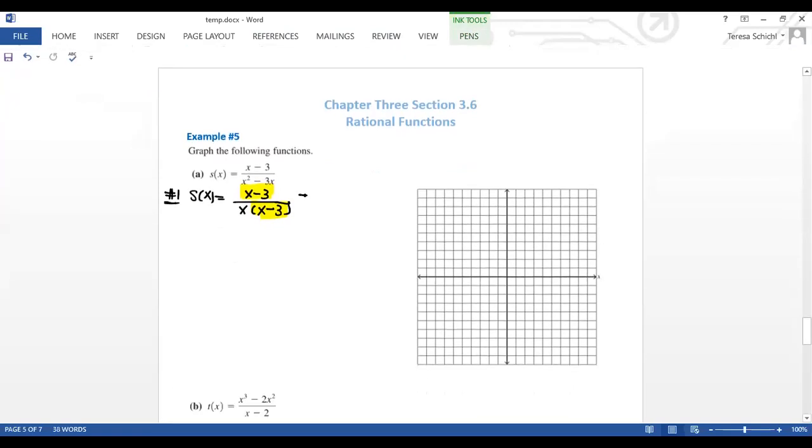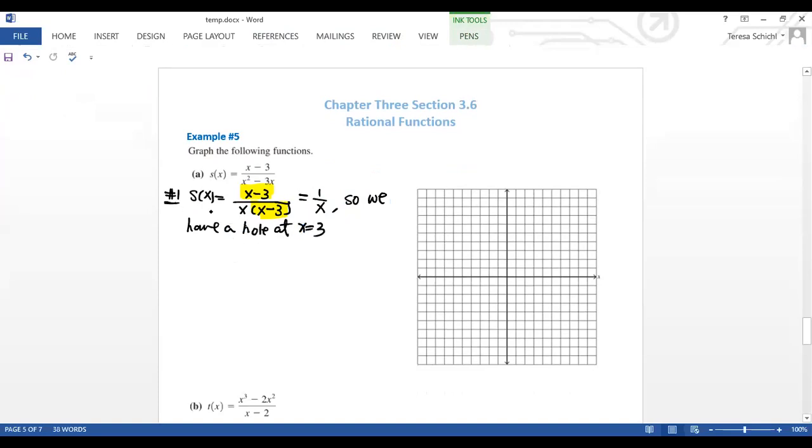So if you cancel out, it is 1 over x. So we know we have a hole at x equal to 3.